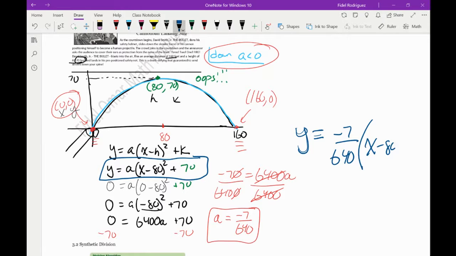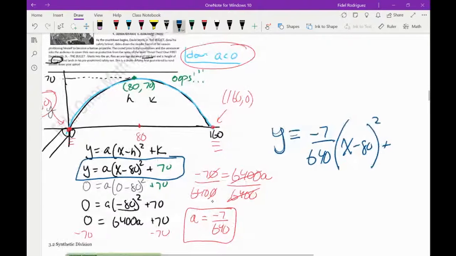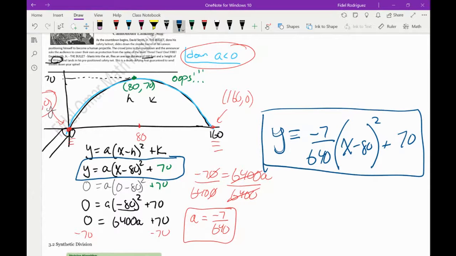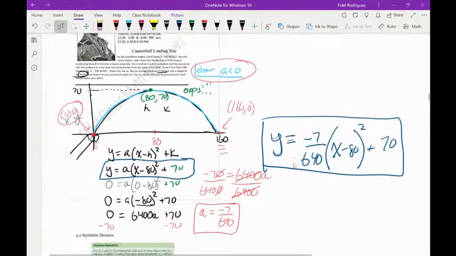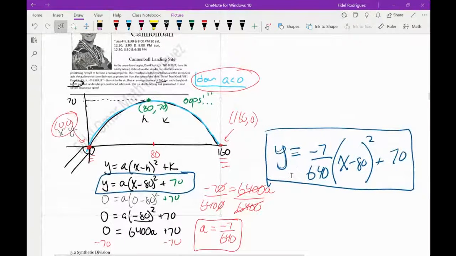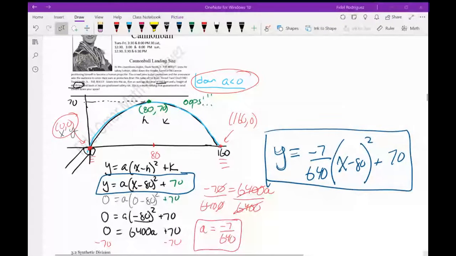X minus 80 all squared plus 70. And there is the equation that describes this guy who gets shot out of a human cannon, or out of a cannon, like a human cannonball.